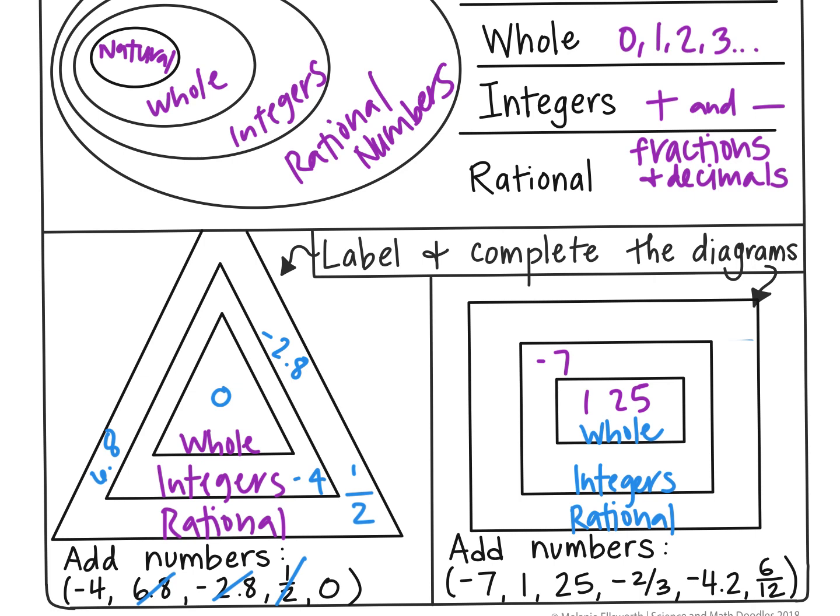Very good. What about blue table? What goes in the rational numbers box? 6/12. Very good. Does everybody agree? Yes. Awesome, guys. Great job.